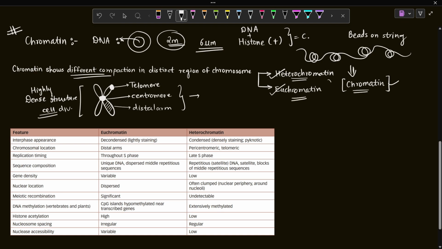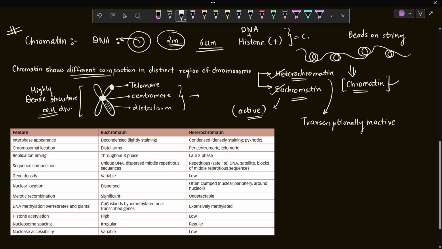Because heterochromatin is densely packed, it is transcriptionally inactive. That means the genes in the heterochromatin are not expressed. Those are silenced. While the euchromatin is transcriptionally active chromatin, so these genes are getting transcribed continuously.